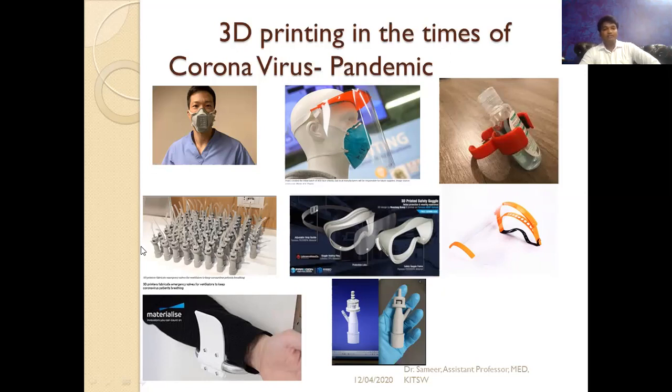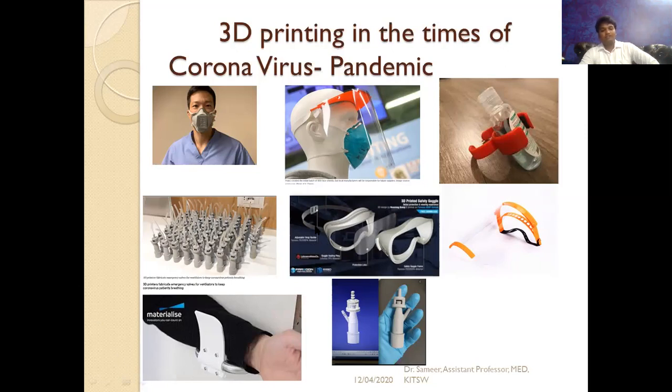And in this figure, we can see these are the 3D printed ventilators to support the coronavirus patients' breathing. And these are the goggles to wear for the frontliners, for the doctors and nurses when they visit the patients. And one company also developed a door handle.